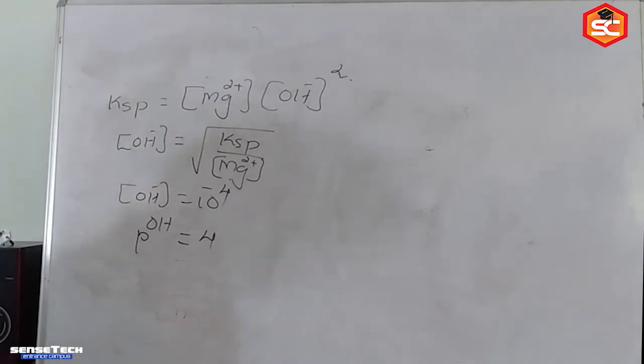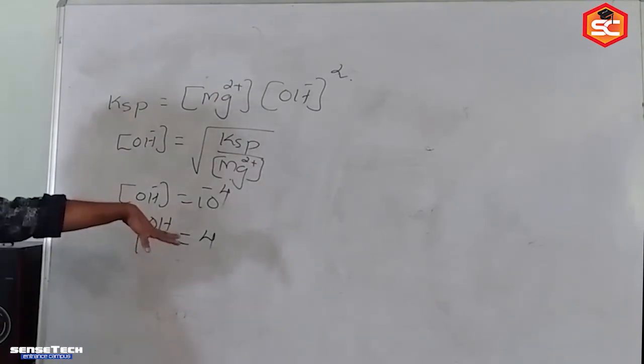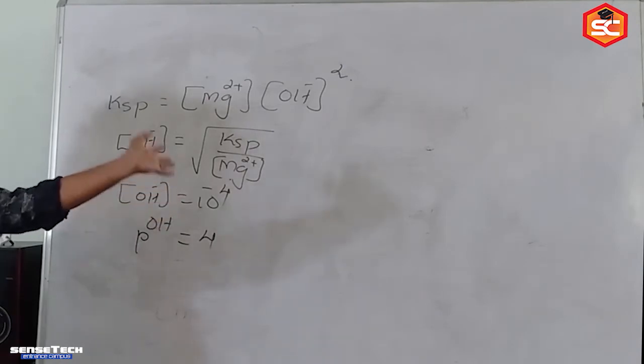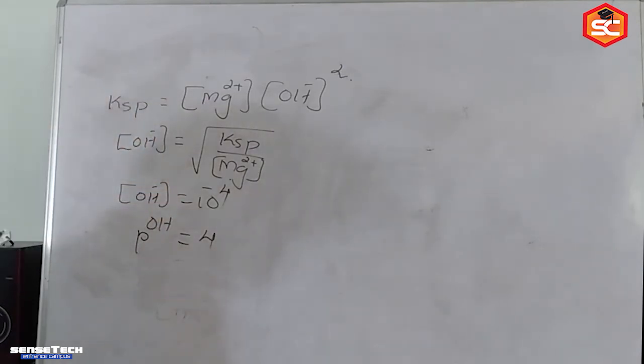Correct? They will be asking at what pH, so from the options you can choose the pH, which is 10. pOH 4, total 14, so pH is 10. Well, next question.